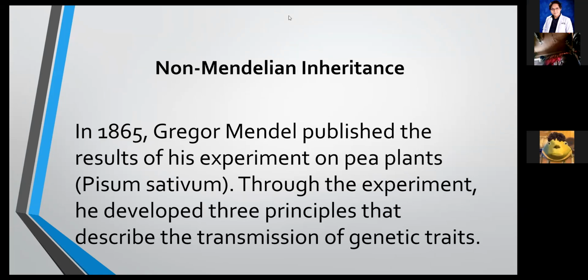Again, Gregor Mendel published his experiments on pea plants, the Pisum sativum. From the experiment, he developed three principles that describe the transmission of genetic traits, how these genes are actually transmitted. Why pea plants?